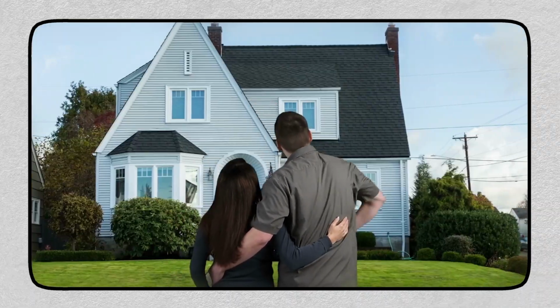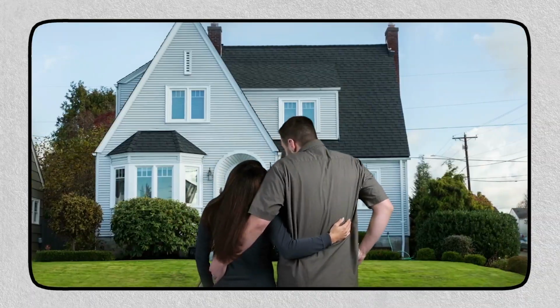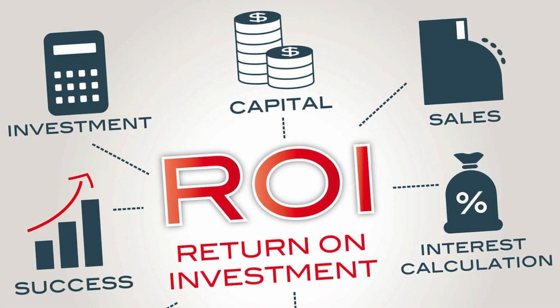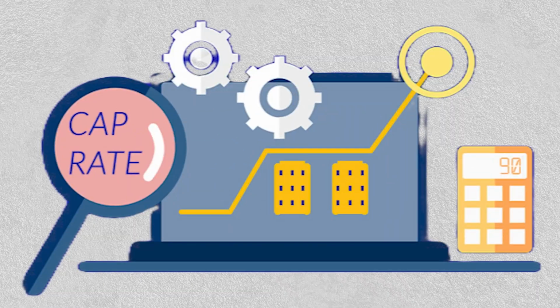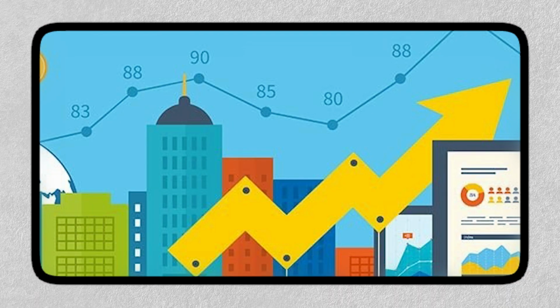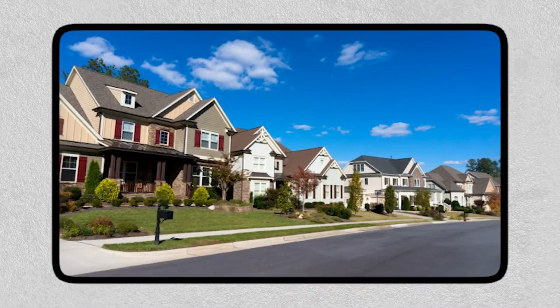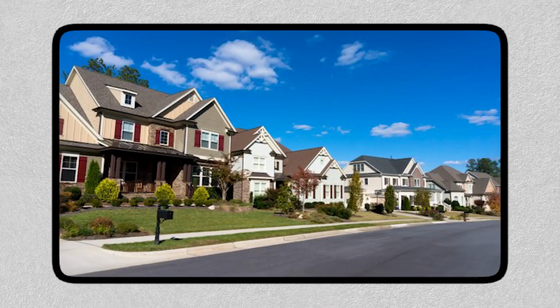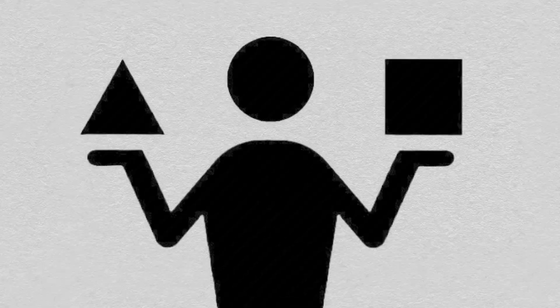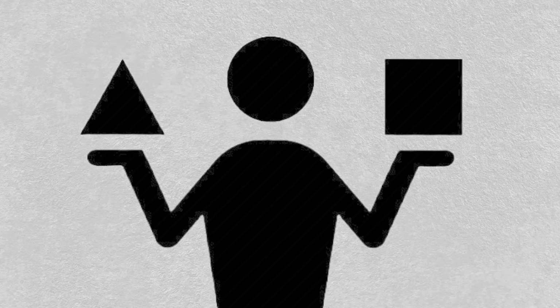This enables you to establish rental rates that are competitive. ROI and cap rate. Determine important financial parameters like return on investment, ROI, and capitalization rate, cap rate. Better financial health is indicated by higher ROI and cap rate. Demand and supply. Determine if the neighborhood has an excessive number of rental properties. Occupancy rates and profitability may be impacted if there are too many comparable units available.